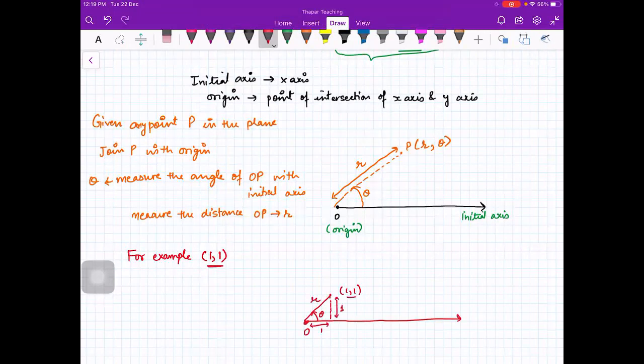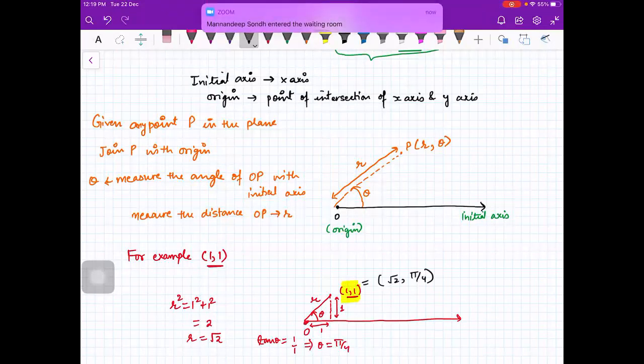So r squared will be 1 squared plus 1 squared, that is 2, so r will be root 2, right? And tan theta will be perpendicular upon base, 1 upon 1, so theta is pi by 4. So 1 comma 1 has the name in polar coordinates r is root 2, theta is pi by 4. This is how you can always have a name for every point in the plane.